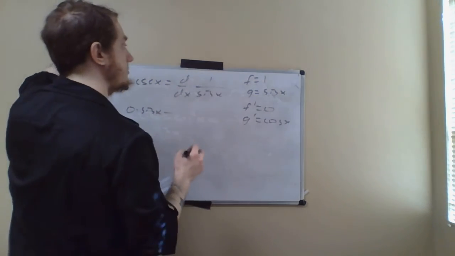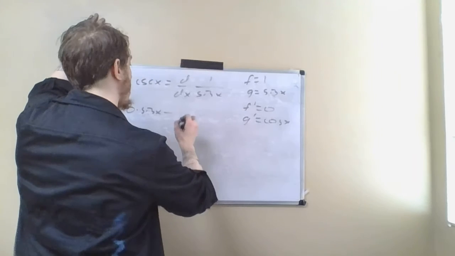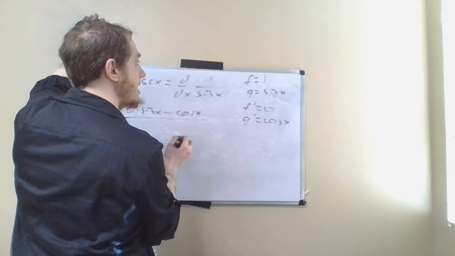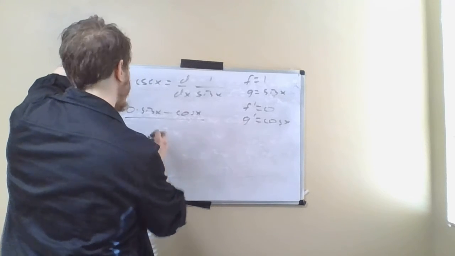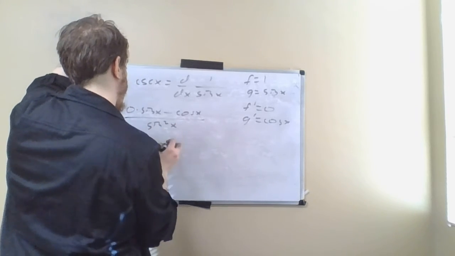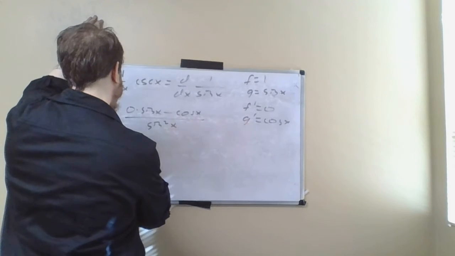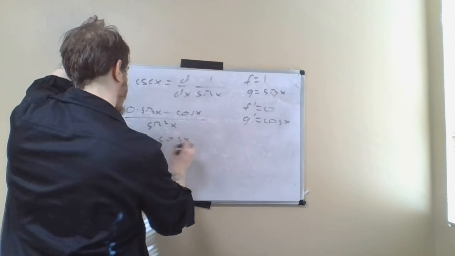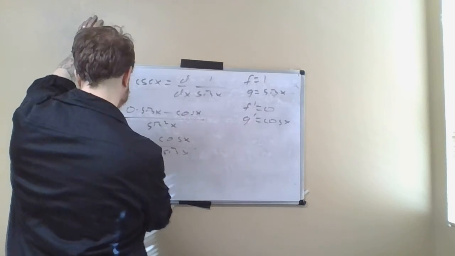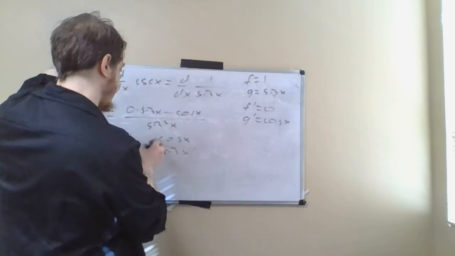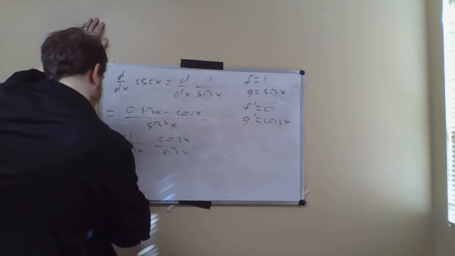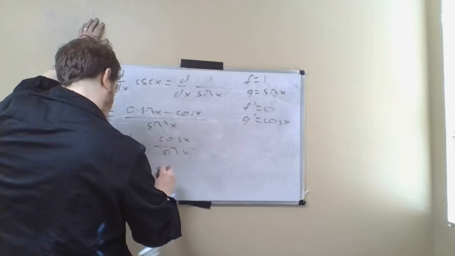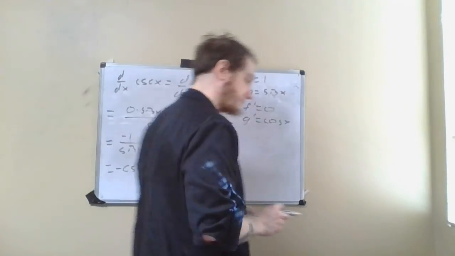And then I'm going to be subtracting f times g prime, so that's minus cosine x. And in the denominator, I'm going to have sine squared x. So this is negative 1 over sine x times cosine x over sine x. This is going to be negative cosecant x cotangent x.